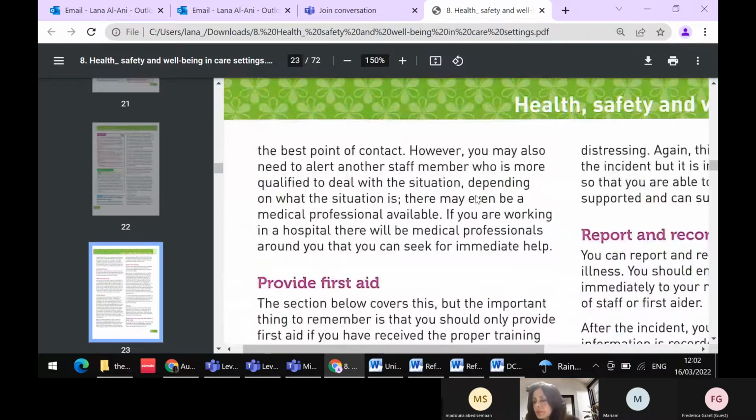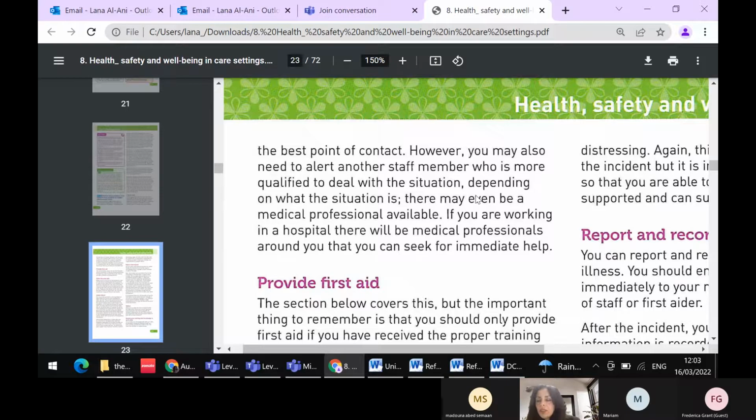Yes? So it is very important to report and handle the accidents properly. And that's why you need the training, proper training, trained staff. It depends on the situation. So if there is any medical professional there, then you get all the information from them.